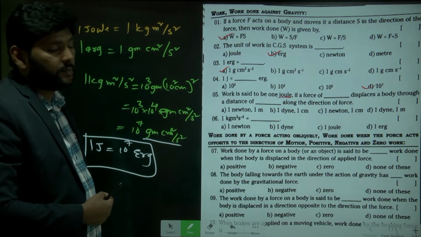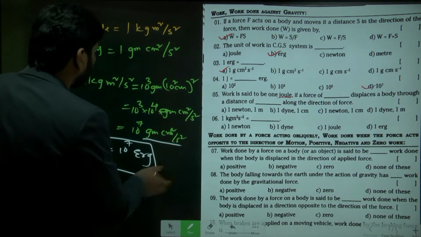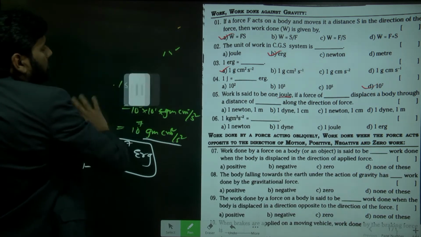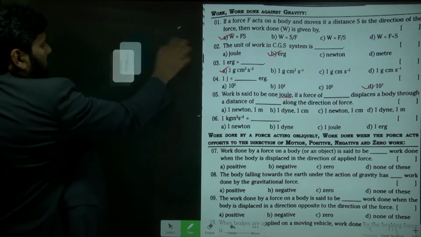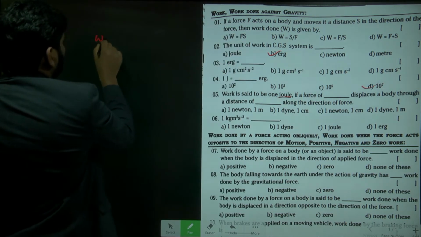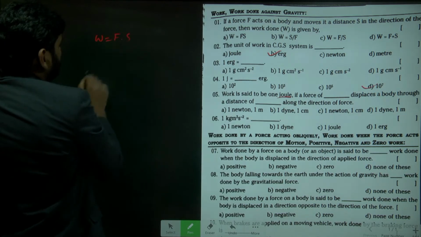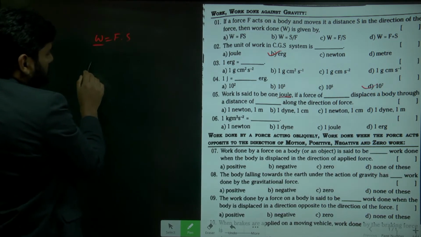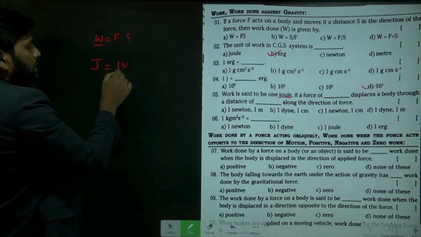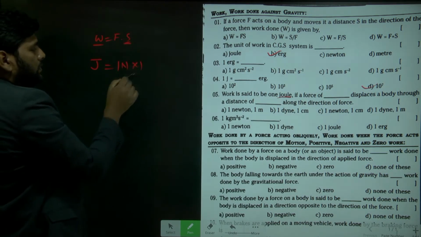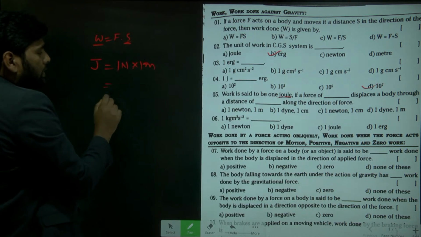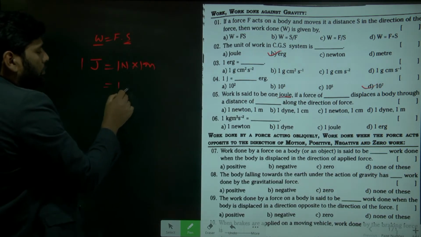What is the general formula for work done? W is equal to force into displacement. For this to be 1 joule, the force must be 1 newton and the displacement must be 1 meter. So 1 into 1 is 1 newton meter.